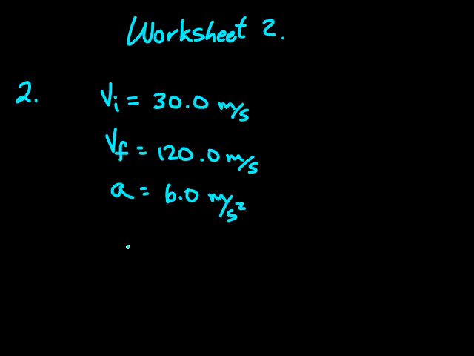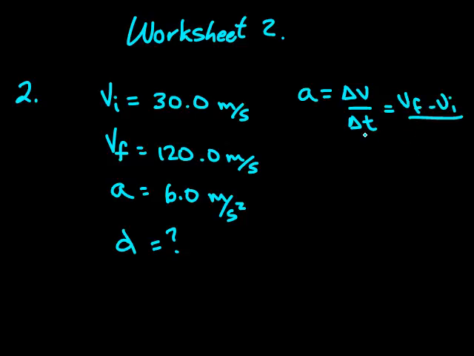So how far is a distance question. So distance we don't know. There's a couple formulas that we'll use. We've got possibilities of using A is equal to delta V over delta T, and this is basically a slope formula where we have VF minus VI over our change in T, which we could write as T2 minus T1.